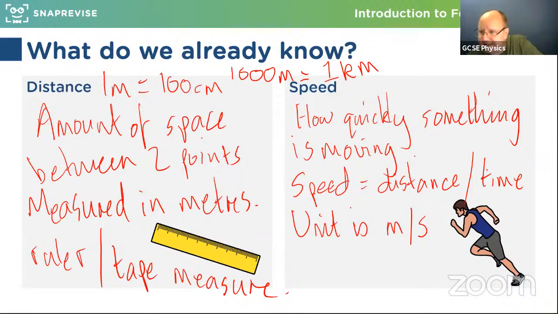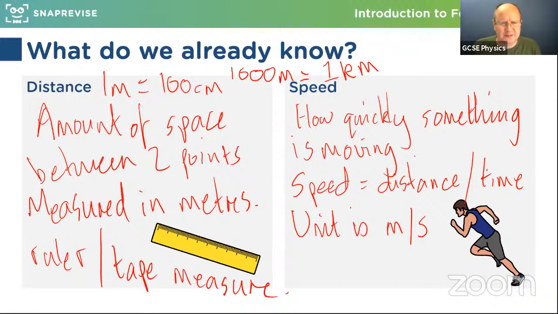And is it the same as velocity? No. So speed is not the same as velocity. Speed is how fast something is going generally. It doesn't take into account direction, and it doesn't take into account changes in speed. If you do a standard calculation of speed using an overall distance and divide it by the time taken, then you're only going to get an average speed.